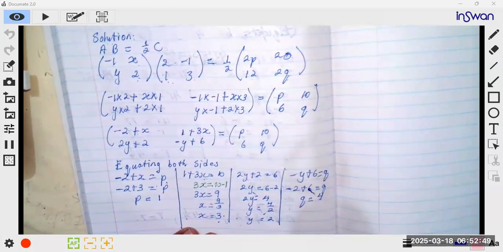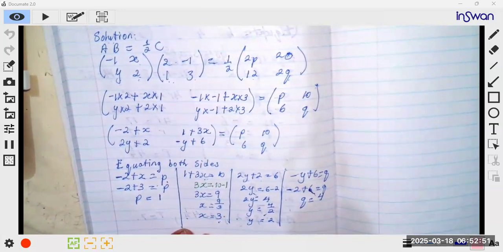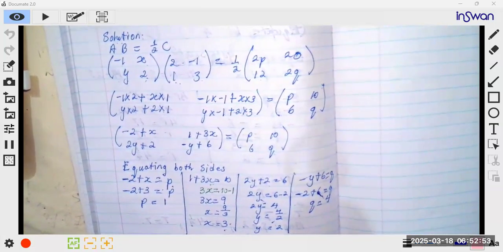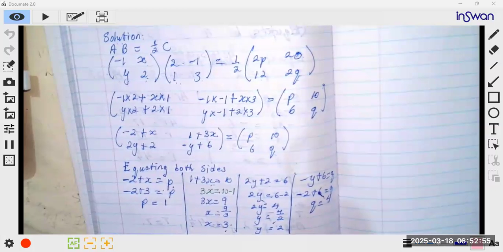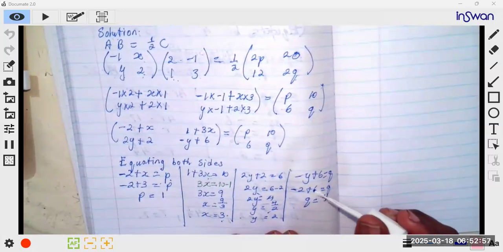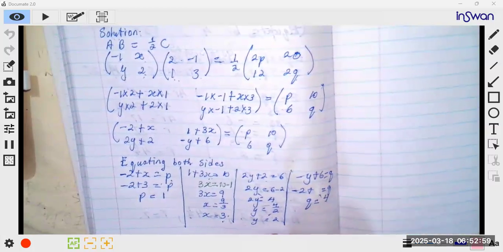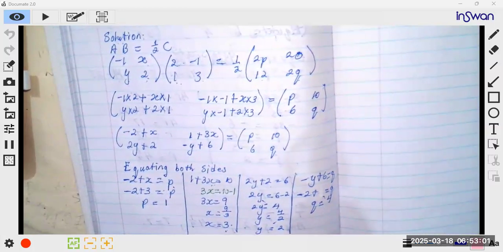Okay, so any questions concerning this? This is what you could have with equal matrices. They combine different sets of operations in order to get the final answer.